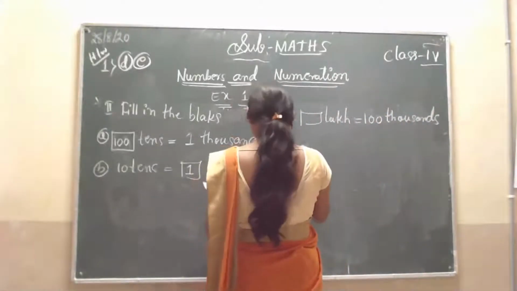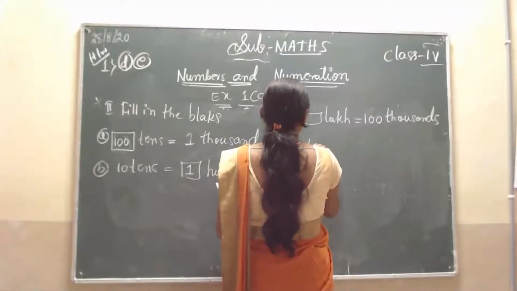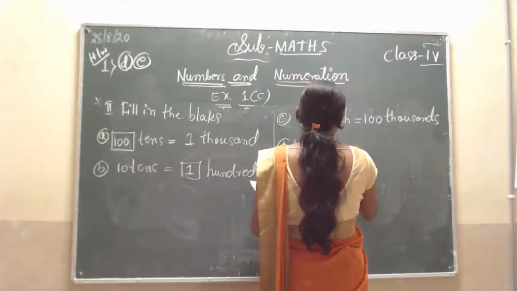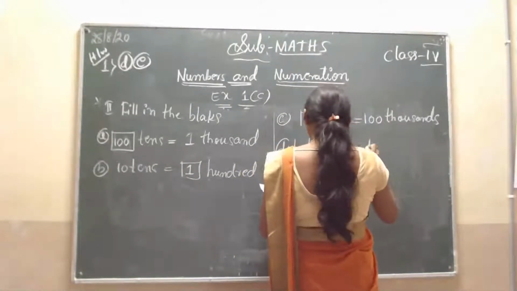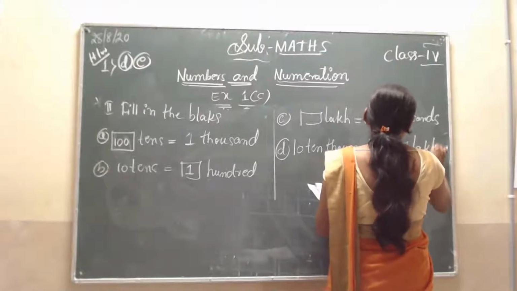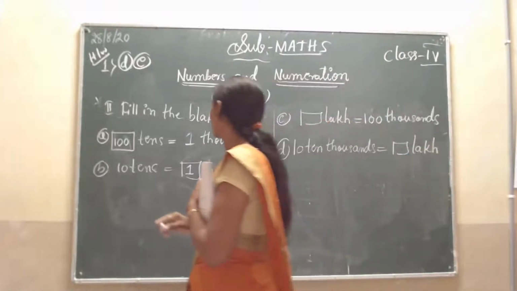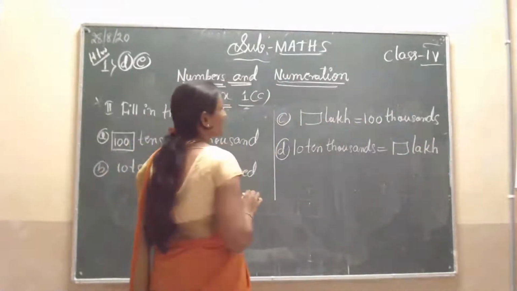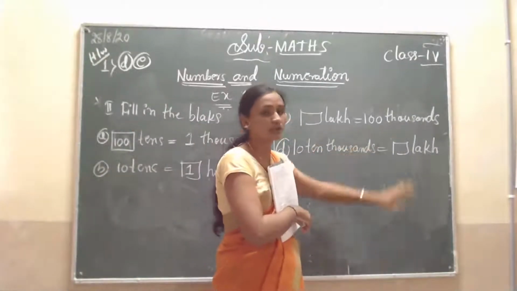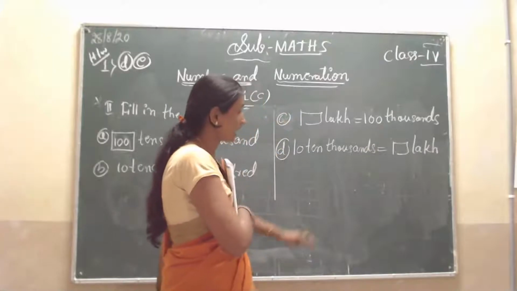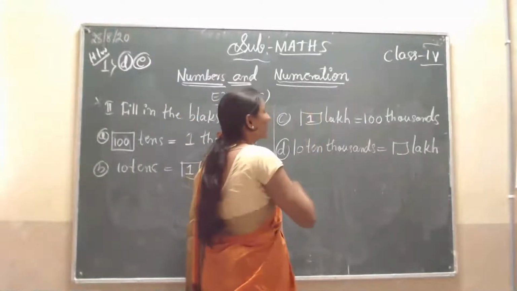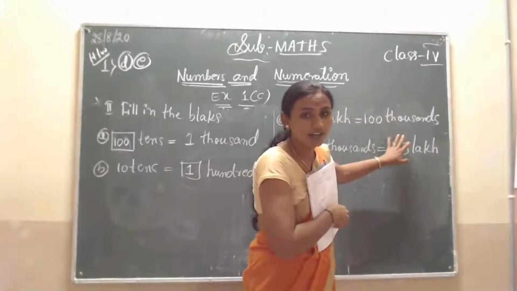So next, 10 thousands is dash lakh. Yes, students. So now, C means what? Dash lakh means 100 thousands. So this is the 1 lakh. 1 lakh means 100 thousand.